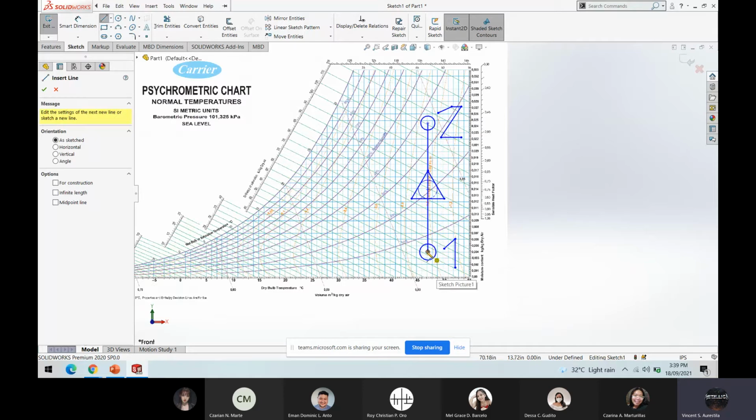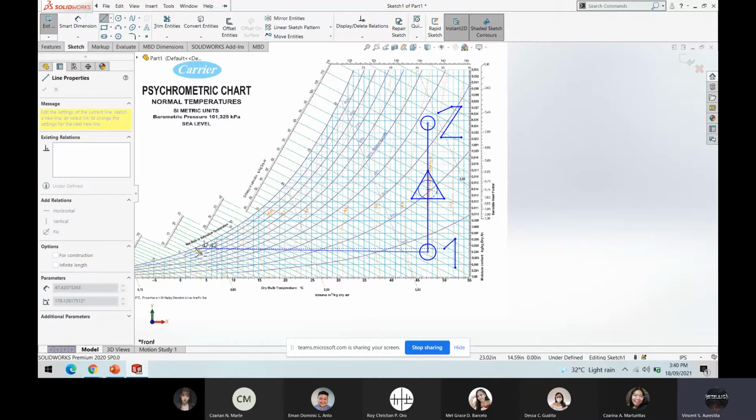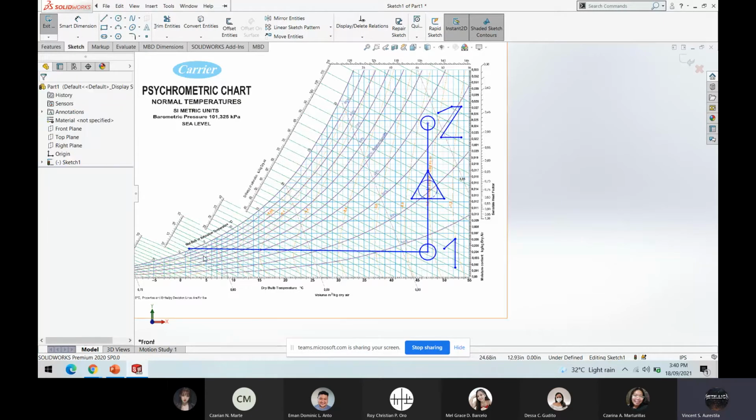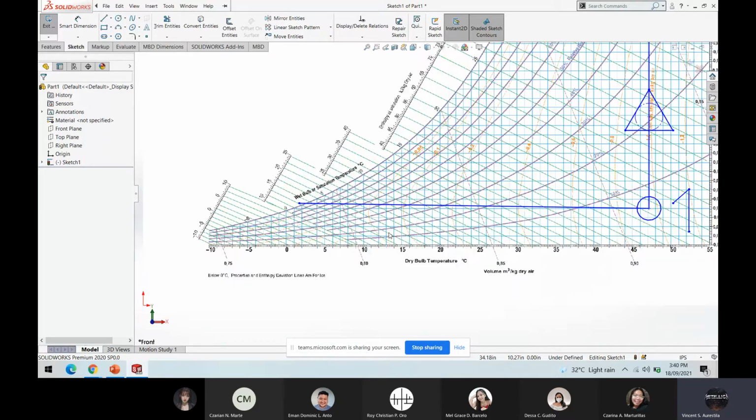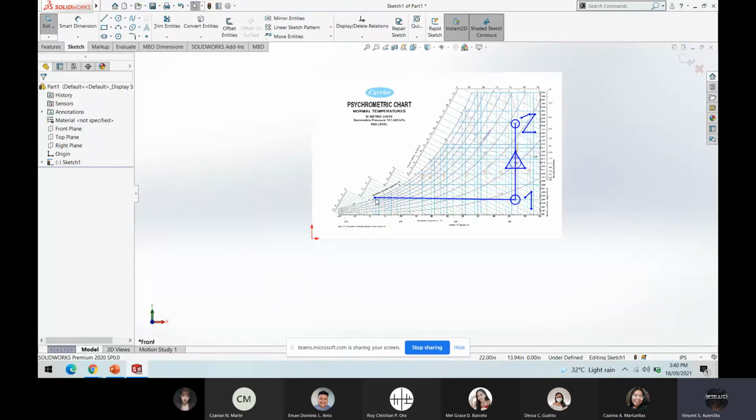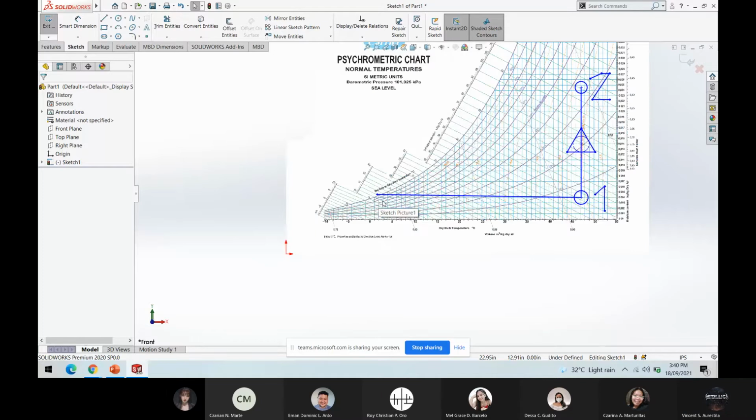So basically, the dew point temperature, or the specific humidity, has the same graphical representation, the horizontal line. But in reading the temperature, they are the same numerically as the wet bulb temperature, the same numbers for the temperature.